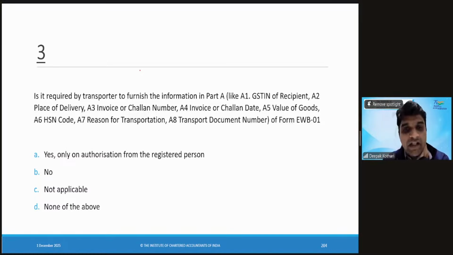This is majorly on e-way bill. Part A is to be filled by the supplier and part B by the transporter. Okay, but what is the question? Is it required by the transporter to furnish the particulars in part A?